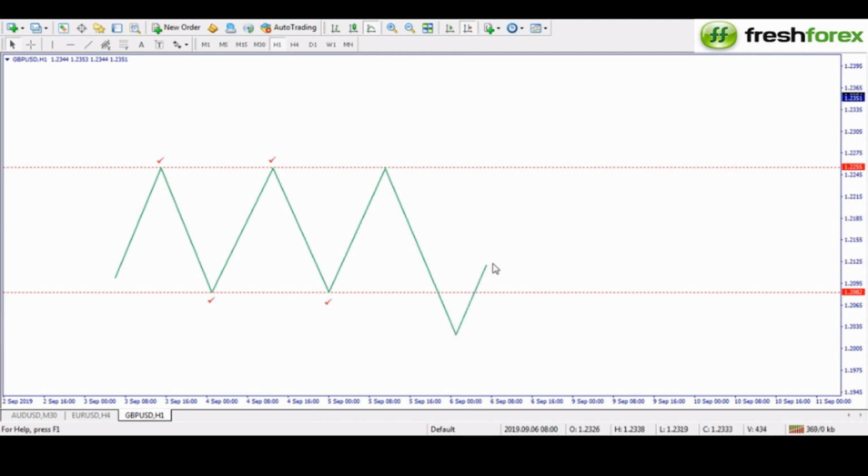1.2082. This one, the entire move to the lower side, is now referred to as the false breakout. So if you're looking at this chart correctly, you better be looking for a buy position the first time price retraces back to the same support. So this support, price goes below it and comes back again above.